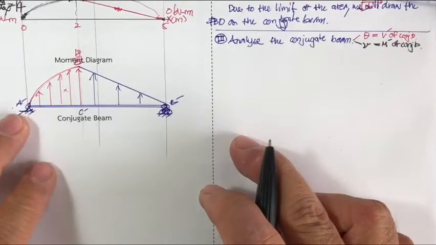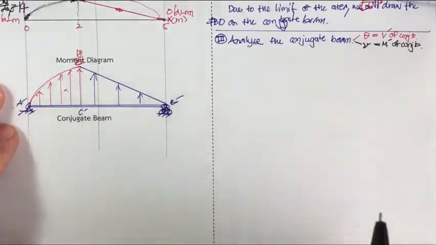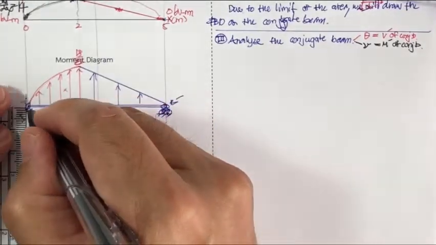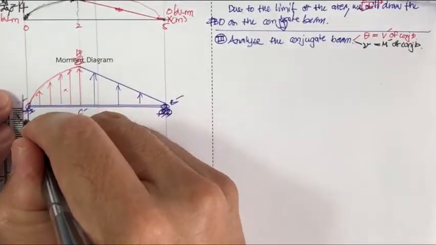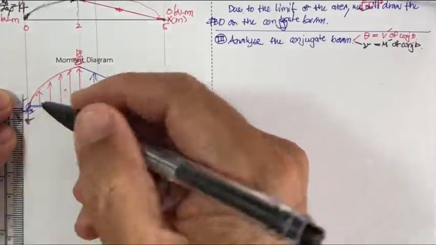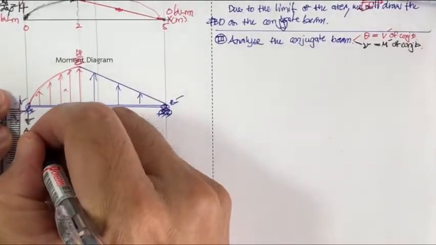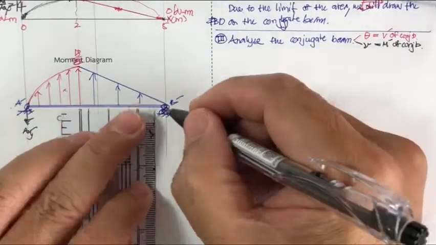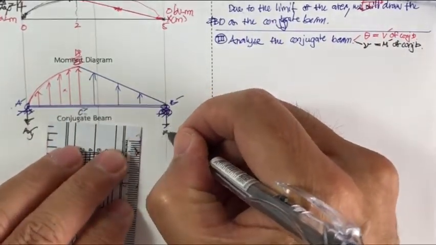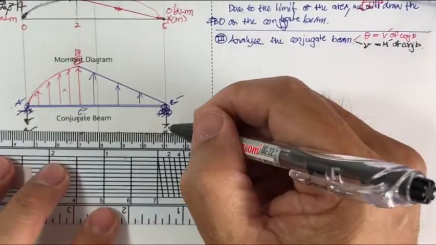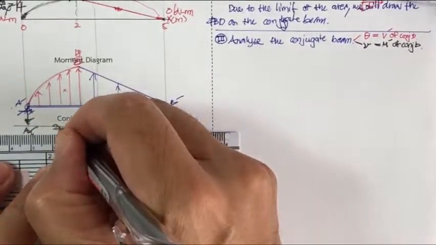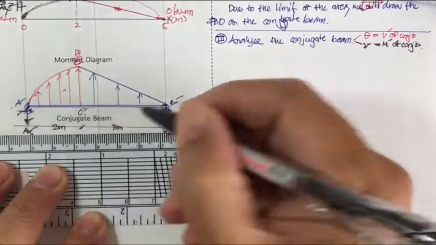Okay, let's say this is going to be A sub y prime, and this is going to be B sub y prime, and our beam is going to have the same length as before, that is 2 meters and 3 meters.